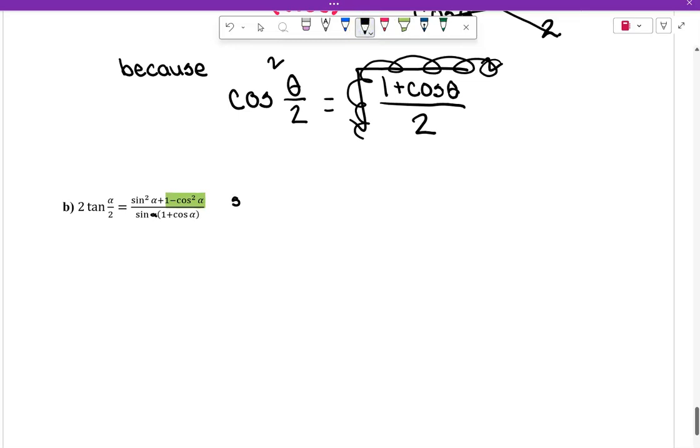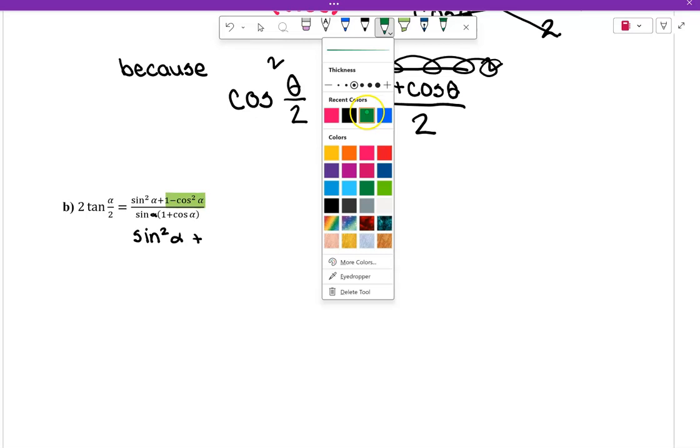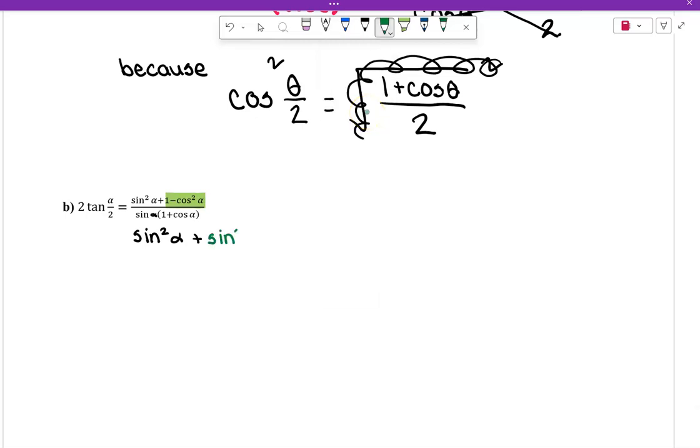So we're going to have, let's go underneath in case I run out of room, sine squared alpha plus, oops, let's change it to green, sine squared alpha all over sine of alpha times 1 plus cosine of alpha.